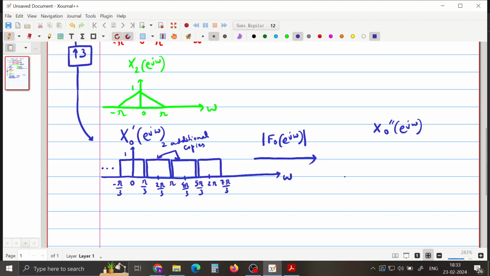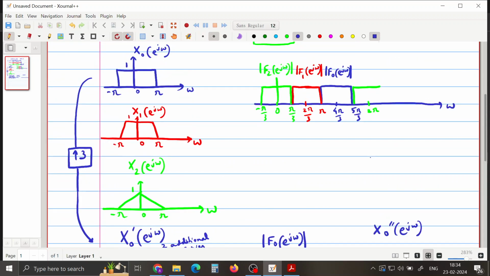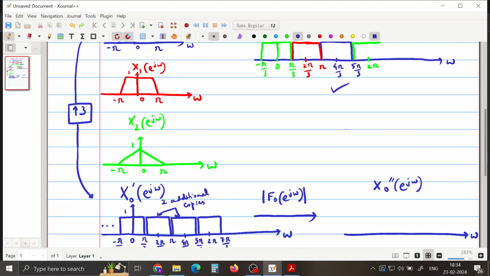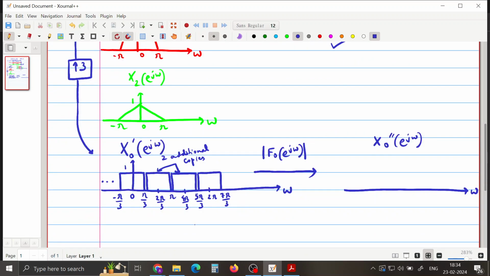So now I am asking you to tell me what this spectrum looks like. You have the f naught looking like this. See this figure here, f naught is given. You need to multiply this with x naught prime of e power j omega. So tell me what kind of spectrum do you get?